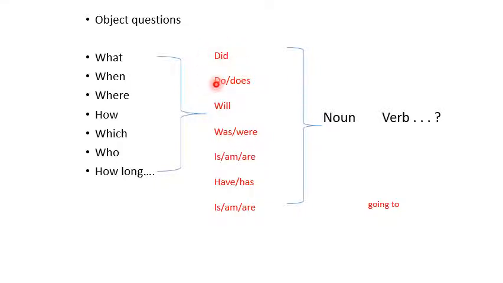We also have the auxiliary be in the past form, was and were, or in the present is and are. You also have the auxiliary have or has for present perfect tenses, and you also have some modal verbs like will, can, or other modal verbs. Okay, then you have the noun, and then the verb and the complement.